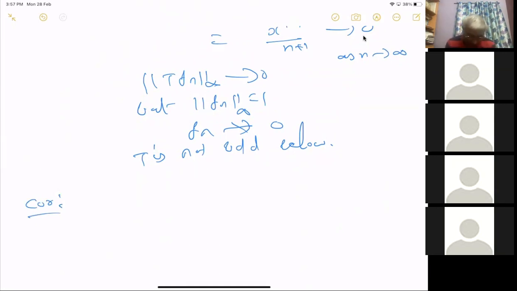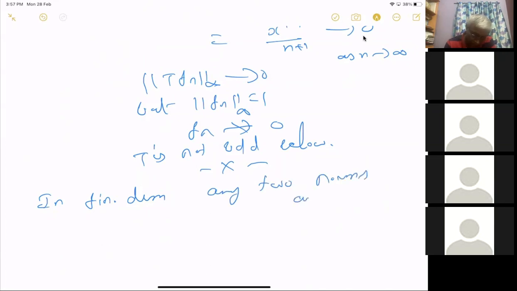The first one is, I hope you know this: in finite dimension, any two norms are equivalent. Do you know this? I hope it was done last semester.